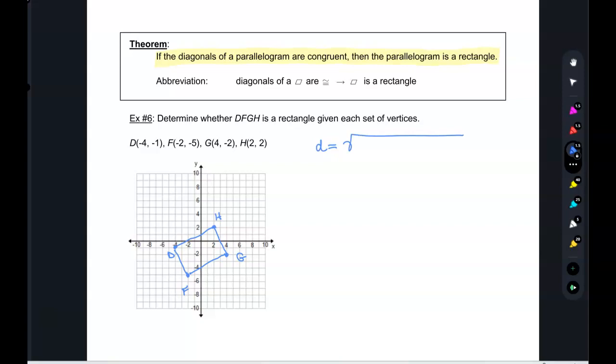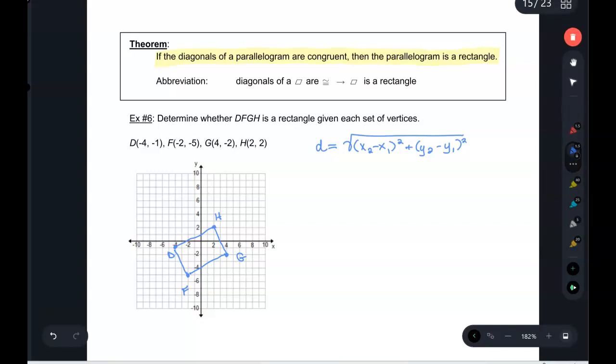You're going to have it again next year. So what is the formula? The square root of x2 minus x1 squared plus y2 minus y1 squared. If I'm just checking the diagonals, I want from H to F and from D to G.